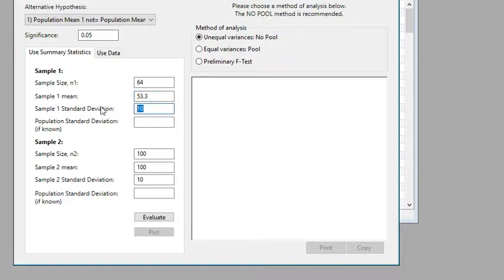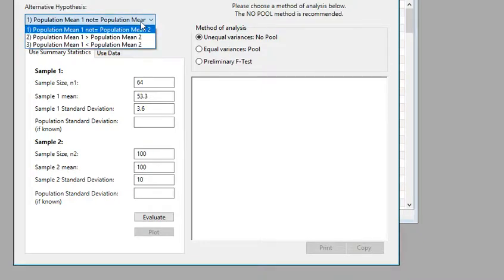Sample standard deviation was 3.6. Say again? Oh, the significance level? Thank you. Mean 1 is less than mean 2. So these are the light users.